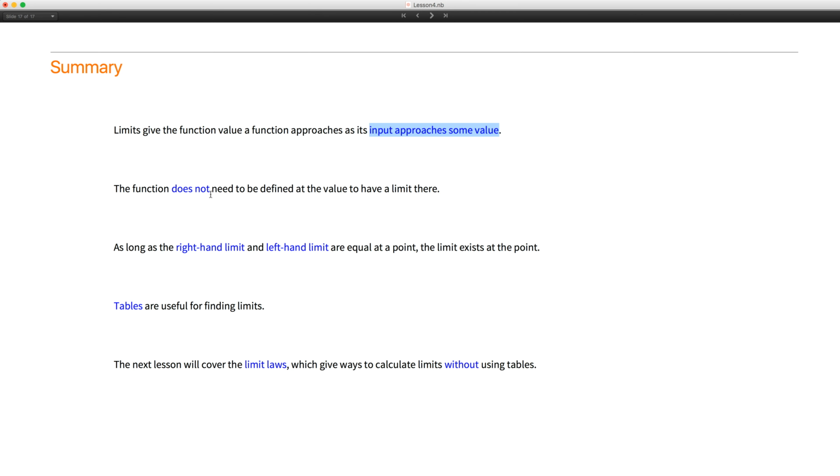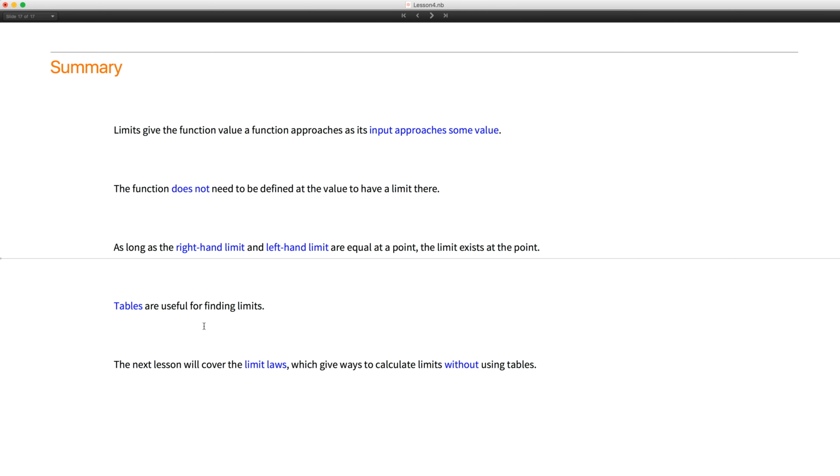The function doesn't even need to be defined at the point at which you want to find a limit, but as long as the right-hand limit and the left-hand limit both exist, you are fine. For a limit to exist, the right-hand limit and the left-hand limit must be equal. They could both be infinite, but they must both be equal.